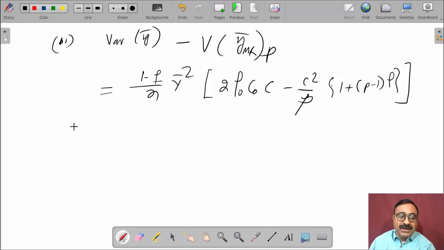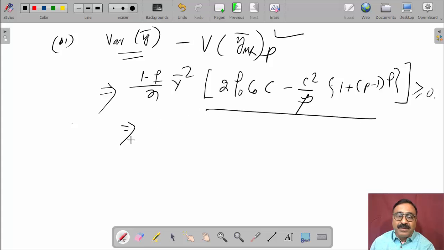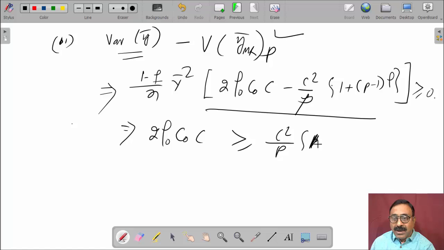So the multivariate ratio estimator will be superior to the simple mean estimator if this is greater than or equal to 0. That implies this term is positive, means 2 rho 0 C0 C is greater than or equal to C square by P, 1 plus P minus 1 into rho.